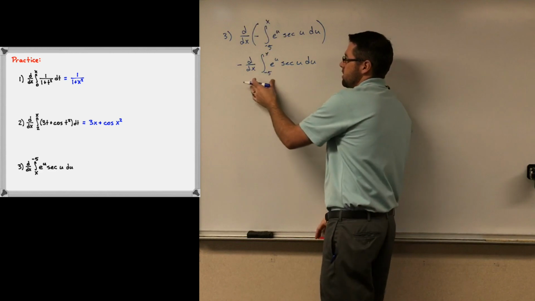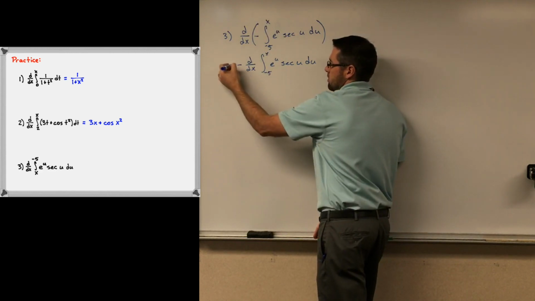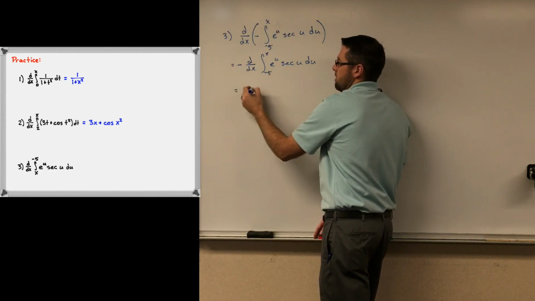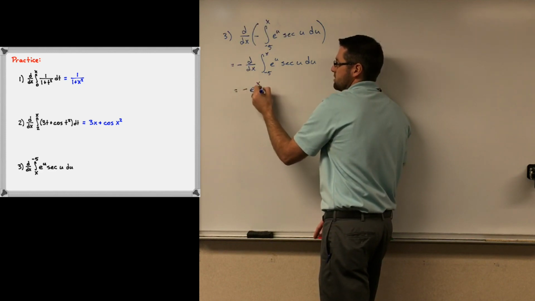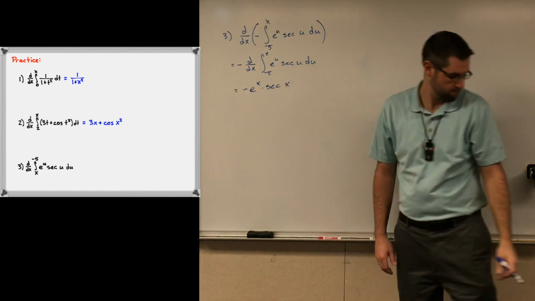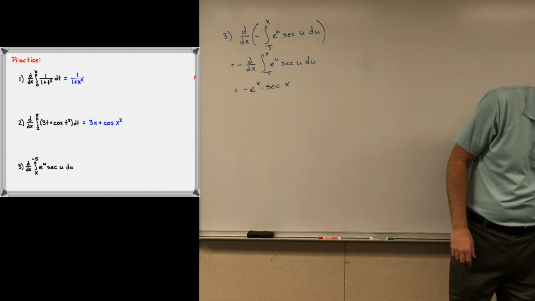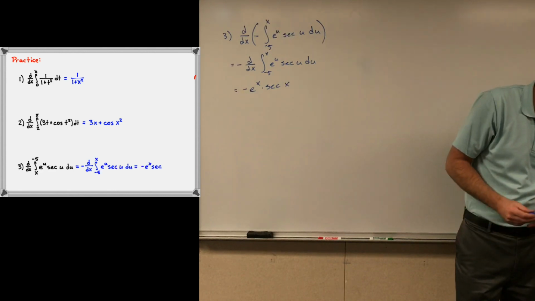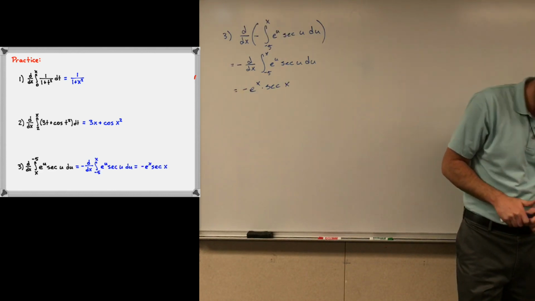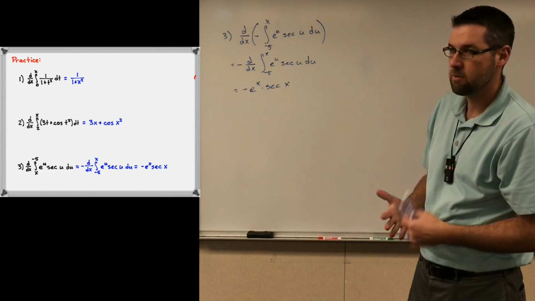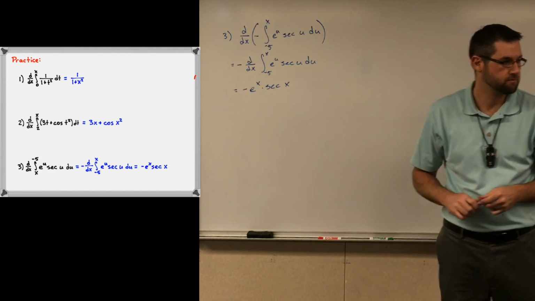So then what's my answer here? Negative e to the x. The negative stays out front and it becomes e to the x times secant of x. Are you guys okay with that? Hey, look at that. I actually showed the same work. Shows my brain works the same way as it did 2 years ago. Are you guys okay with this?